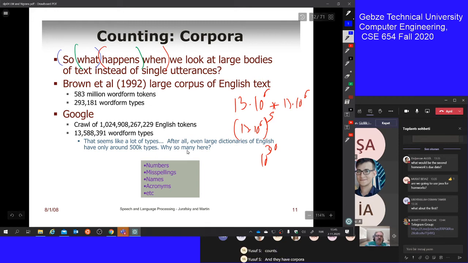One is a very old one, the Brown corpus from 1992. It is old but large, almost 600 million word forms. Google is a much larger one. Google says that I have scanned everything that is written in English. We said that it is very large.